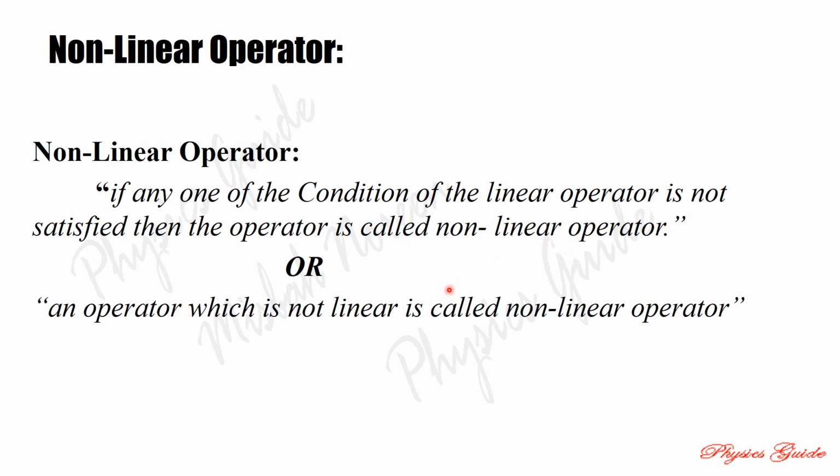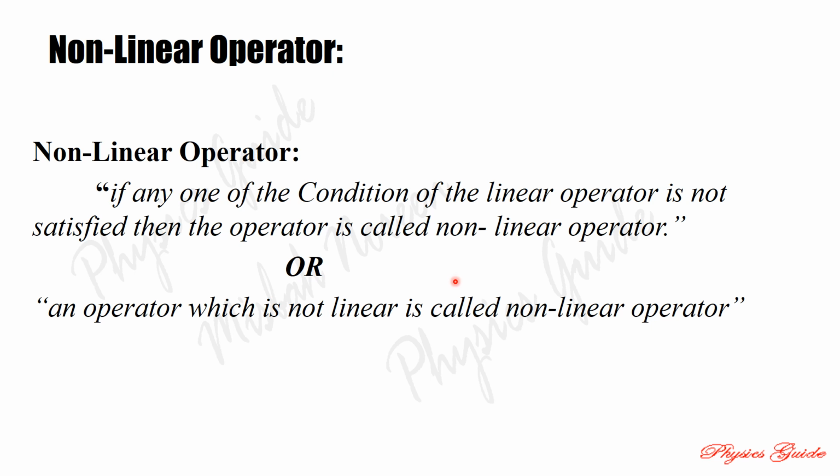Students, you know that a linear operator has two conditions. The first one is if we apply the operator to the addition of two different vector elements, or state functions or state vectors, then it is equal to the operator applied to the first vector element plus the operator applied to the second element separately.